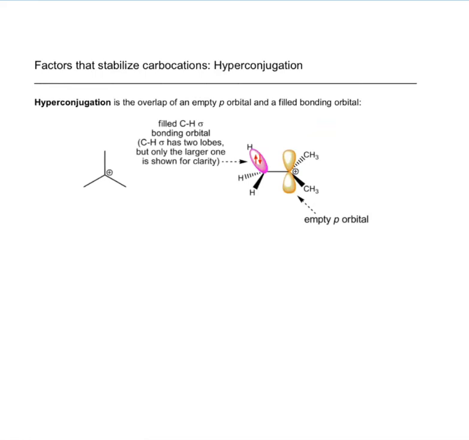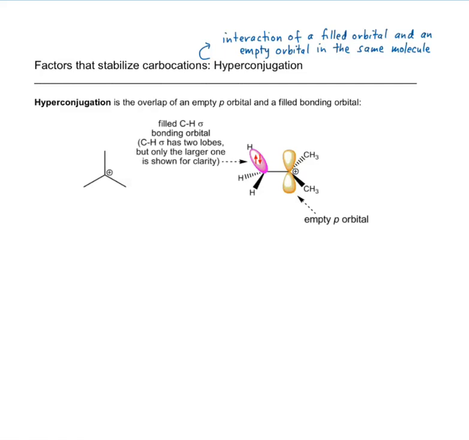First of all, let's define what that is. Hyperconjugation is the interaction of a filled orbital and an empty orbital within the same molecule. Now, in the case of carbocations, this is what you're going to look for.